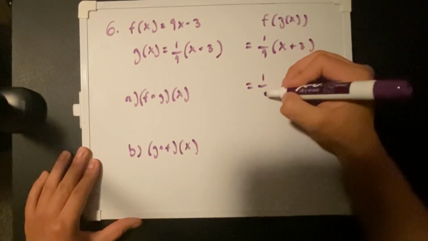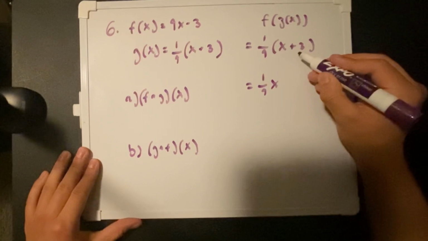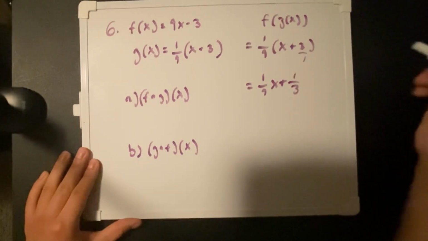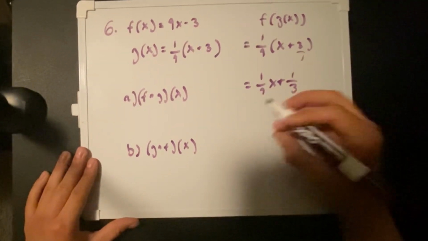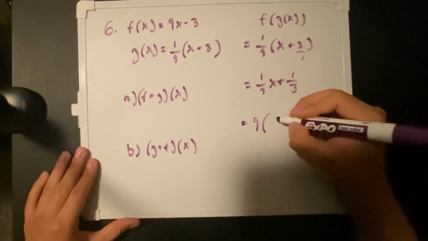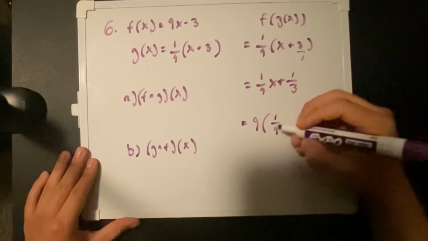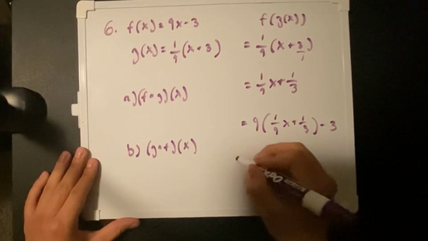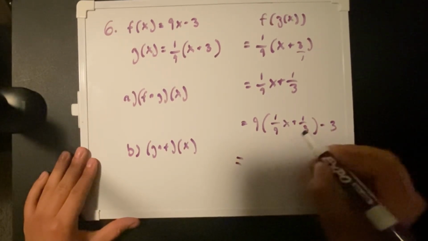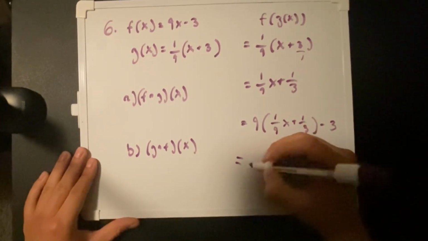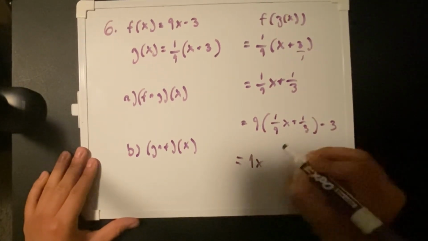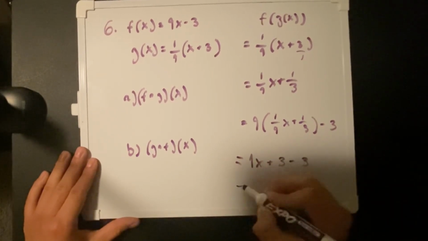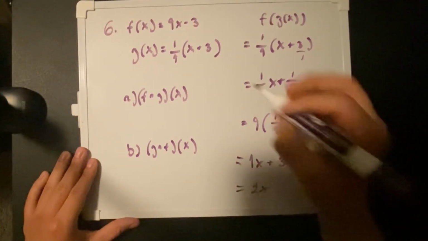And we get 1/9 x. And we multiply this and we get positive 1/3. So now we can plug this value into x, which gives us 9 multiplied by 1/9 x plus 1/3 minus 3. 9 multiplied by this just becomes 9/9, or 1x, plus 9/3, which is just 3, but it gets canceled out by the other 3. And we are left with 1x, or simply x.